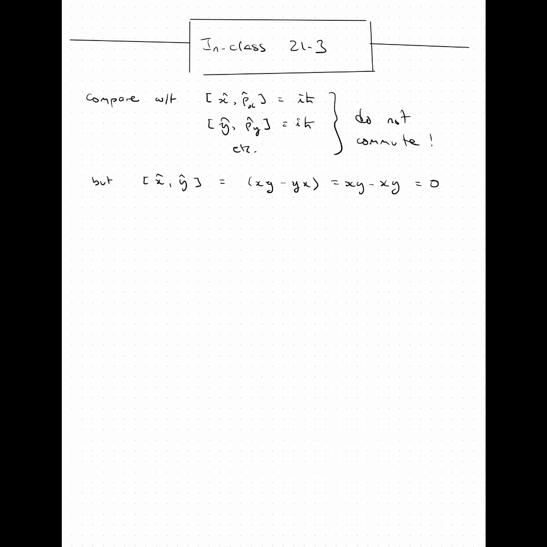And x and py is equal to x h bar over i d dy minus h bar over i d dy x, and that's equal to 0 as well. We say that these are commuting operators.